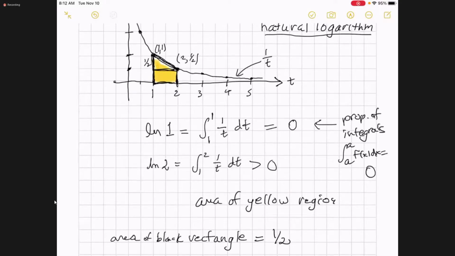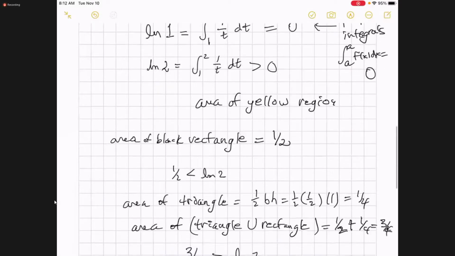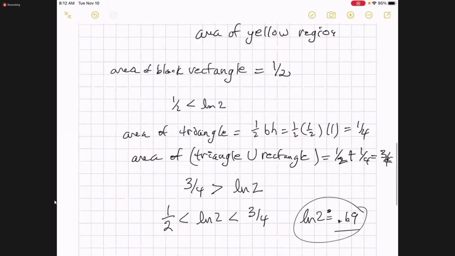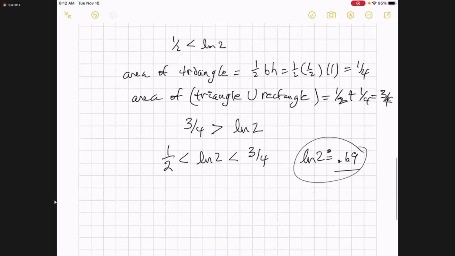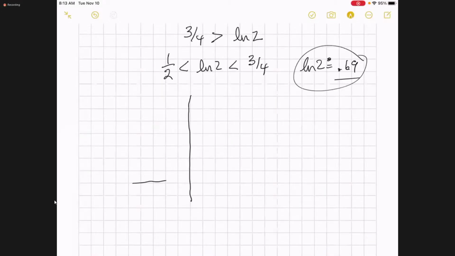Well, let's see. I've got so much stuff on that picture. Maybe I'll do another picture now. Let's see. 1, 2, 3. 1, 2. 1, 1, 1, 1/2, 1, 1/3, and 1, 1/4.